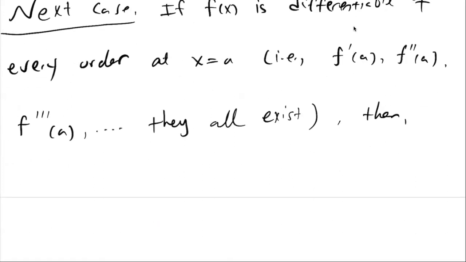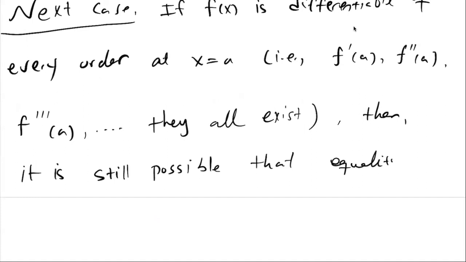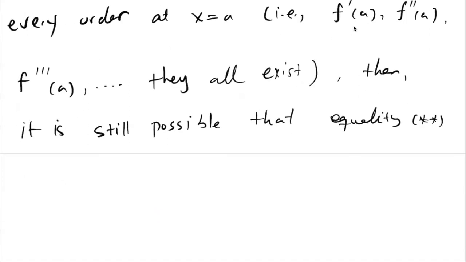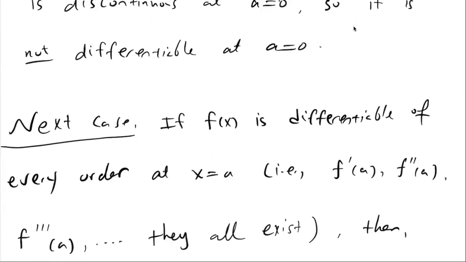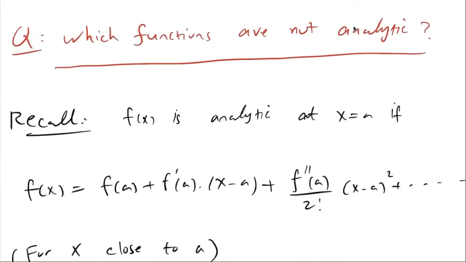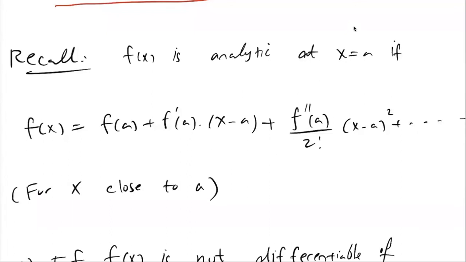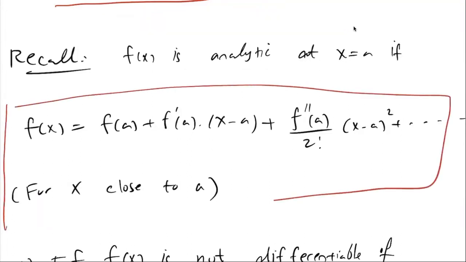Then it is still possible that equality 2 star above does not hold. So let me call this one equality 2 star, the equality that I want to know whether it occurs or not. If this equality 2 star occurs, then I will call the function analytic at a. If it doesn't hold, then it won't be analytic.